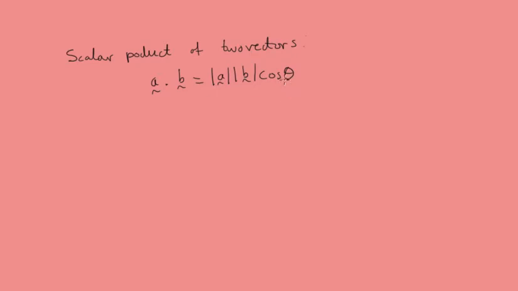So the general rule is the scalar product of two vectors, or the dot product of two vectors A dot B, is equal to the magnitude of vector A times the magnitude of vector B cos theta, where theta is the angle between the two vectors.